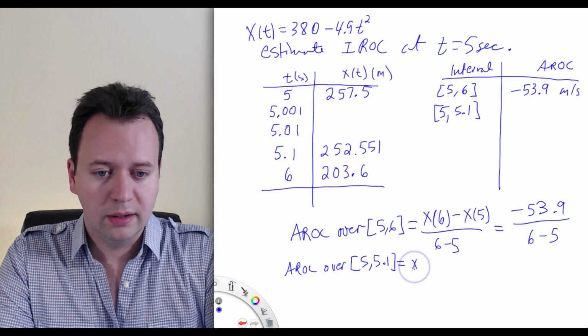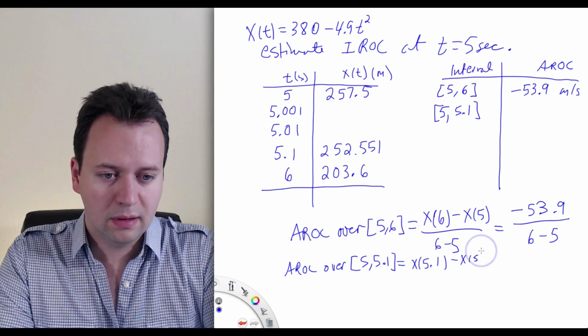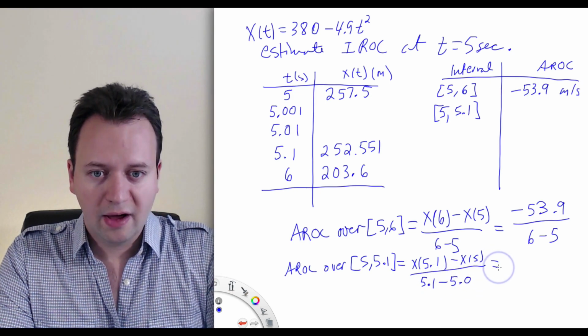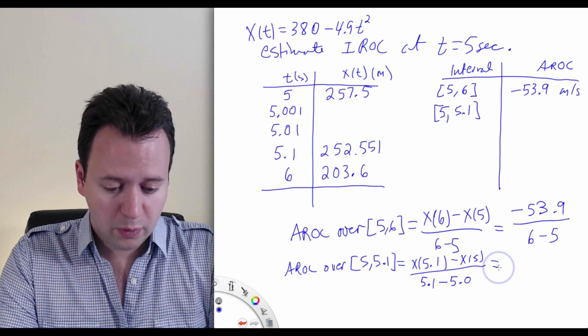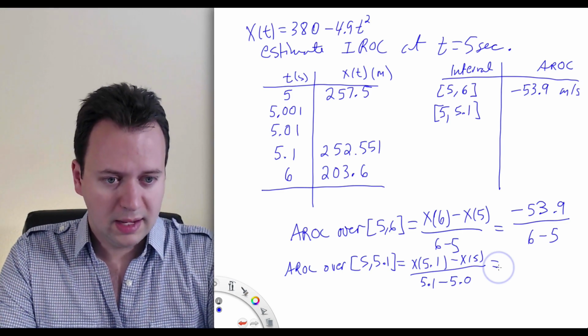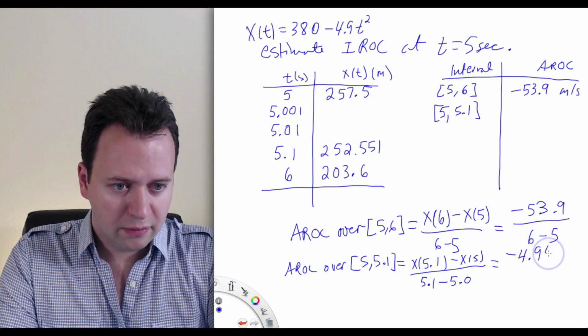Now the average rate of change over the interval from 5 to 5.1 is again going to be x of 5.1 minus x of 5, and then divided by 5.1 minus 5.0. So 252.551 minus 257.5. That gives me negative 4.949.